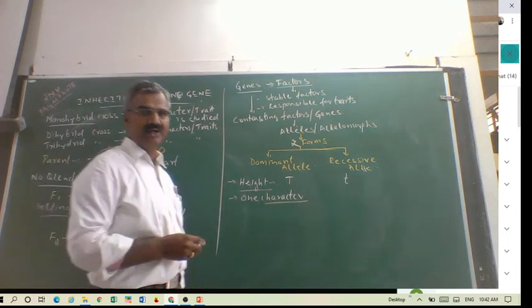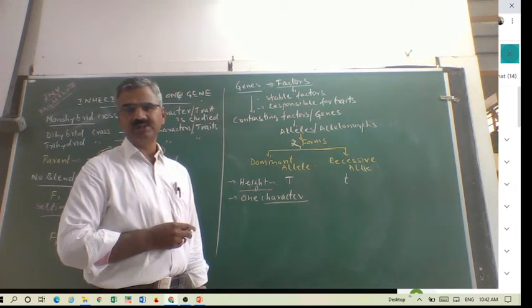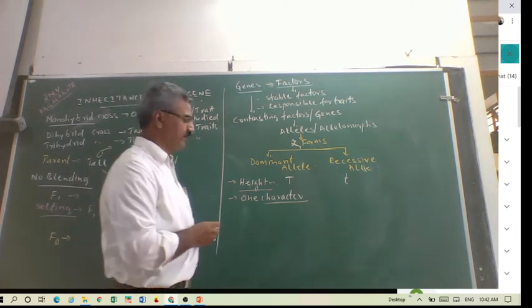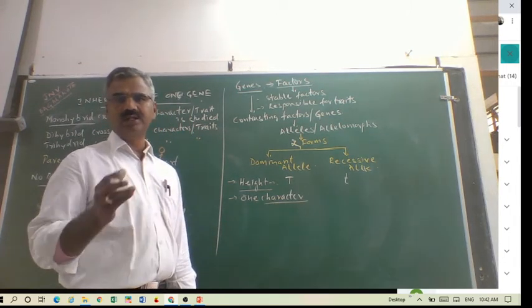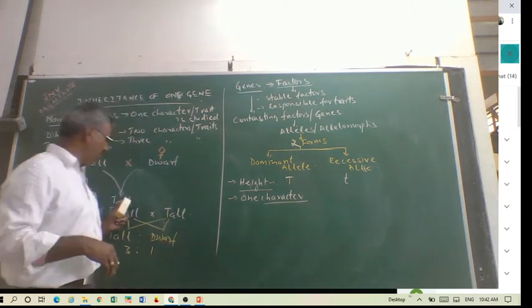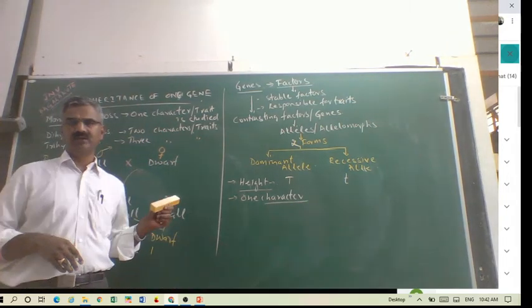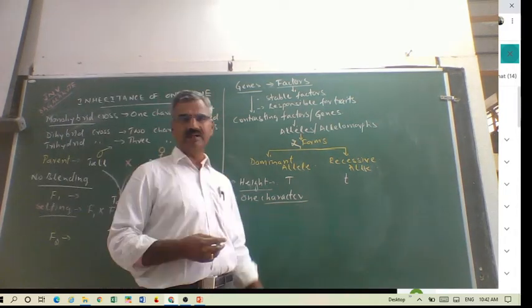Two alleles. Why do we have two? Very good. Why do you have two alleles? One dominant and one recessive. Two alleles. Should it be same? Same. So here we are having tall plants here. Tallness. So should it be only the dominant alleles which are there here?